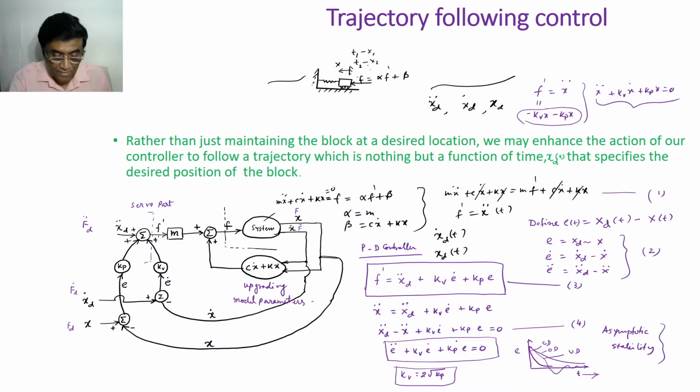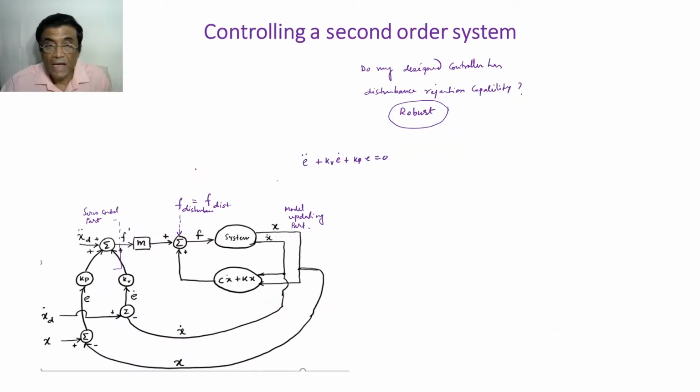In designing this trajectory following controller, I had this relation in the error domain. So say this is my control law in the error domain. But now this 0 cannot be, because now I have an additional force, right, which is the disturbing force.